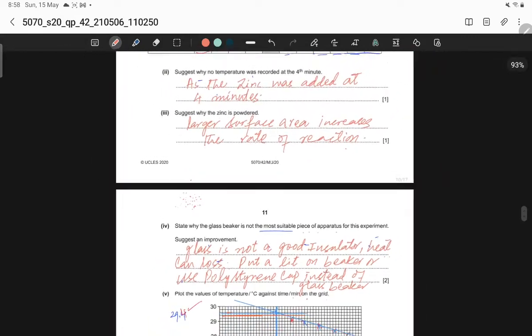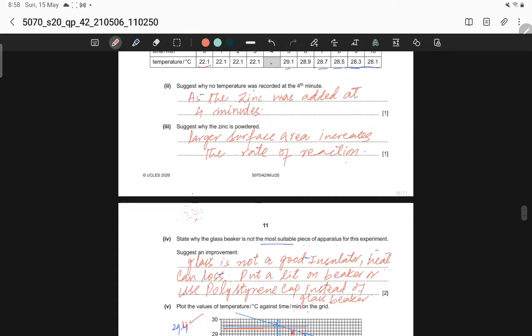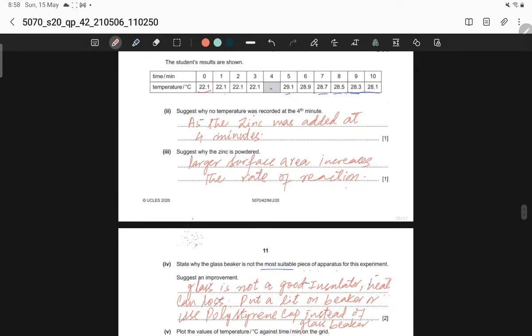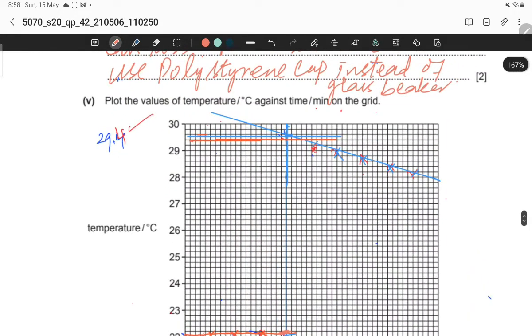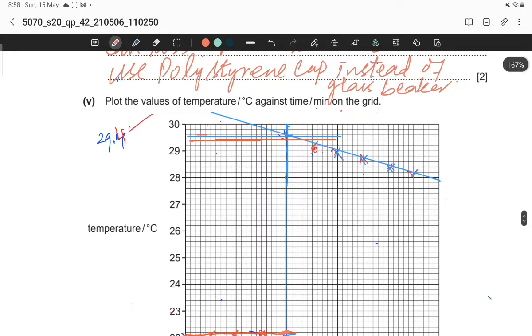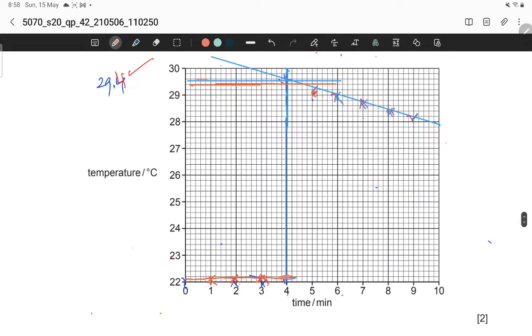These are 29.1 at 5, 28.9 at 6, 28.7, 28.5 at 8 and 28.3. So we can use a graph like this. Plot the values of temperature in degrees centigrade against time in minutes on the grid. This is the shape of the graph.